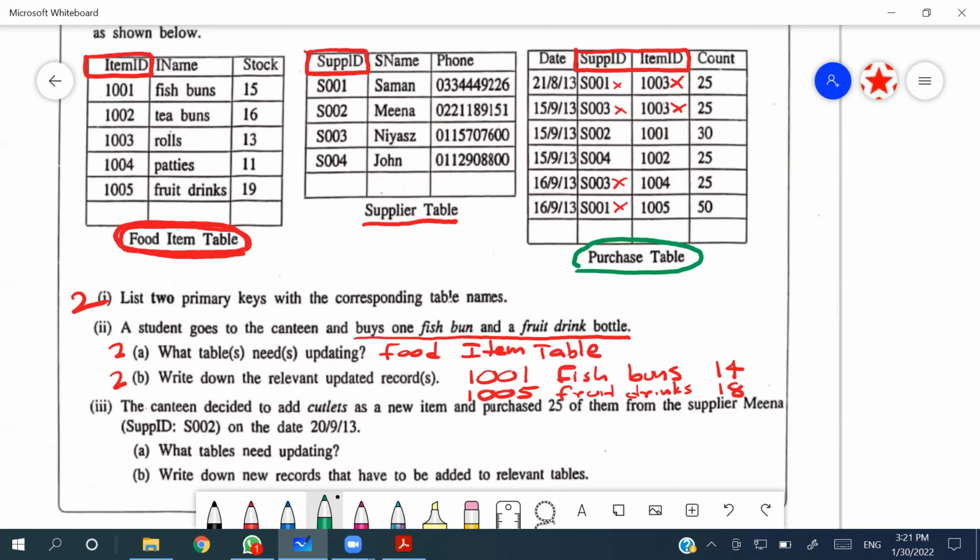So if it is a new item, it needs to be updated in the food item table as well. A new entry should be there, right? If they purchase an existing one, then we can go with an update. But since they are purchasing a new one, a new entry should be inserted, right? So the tables that need to be updated are the purchase table and the food item table, not the supplier table, because that supplier is already there in the database. Who is Mina?